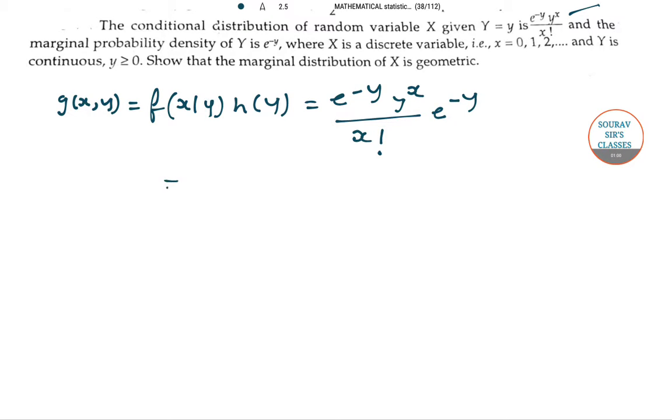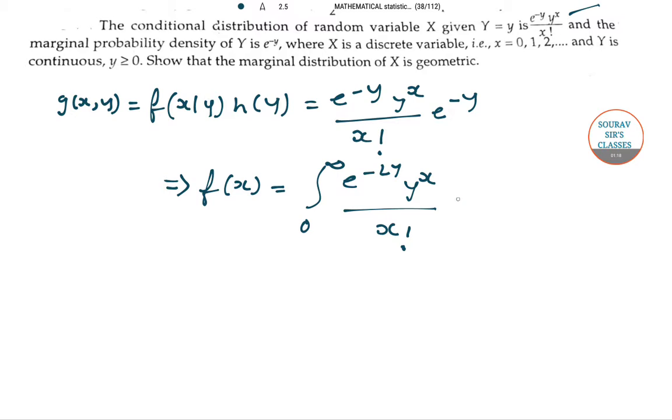Now this can also be written as the function of x equals the integration from 0 to infinity of e to the power minus 2y, y to the power x divided by x factorial, dy.